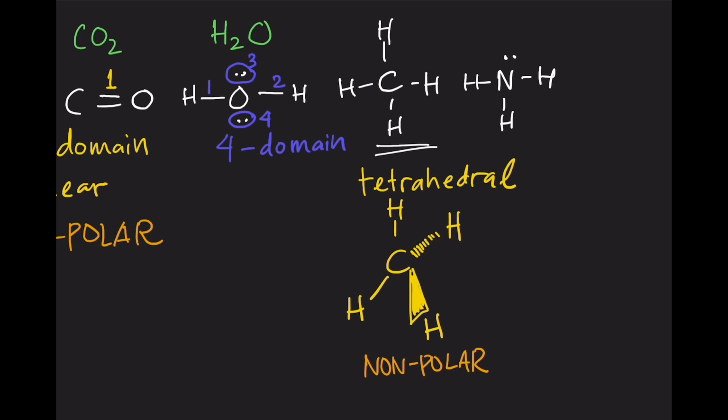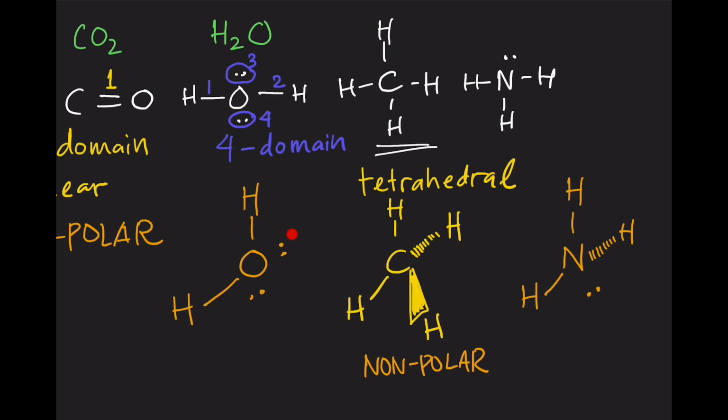For ammonia, what we have is N, and then H, and then another H going towards the back of this plane, and another one still on the plane, and the other one will be non-existent because what we have is a lone pair. However, for oxygen, we have even more lone pairs. So this will be H, and this one is also H, and this will be a lone pair, and that will also be a lone pair. So we have 2 lone pairs.